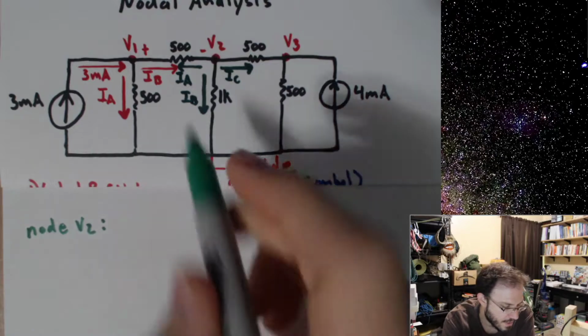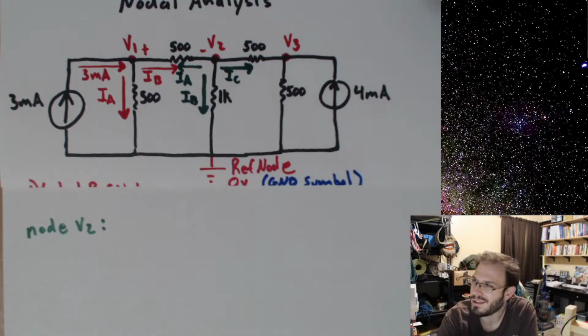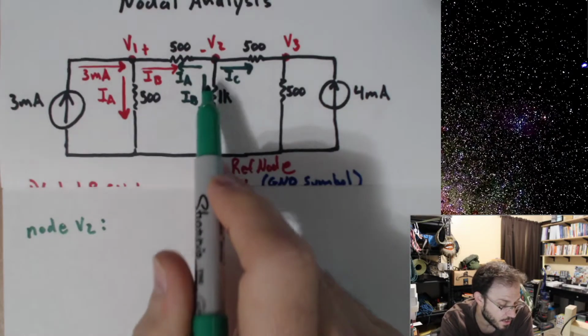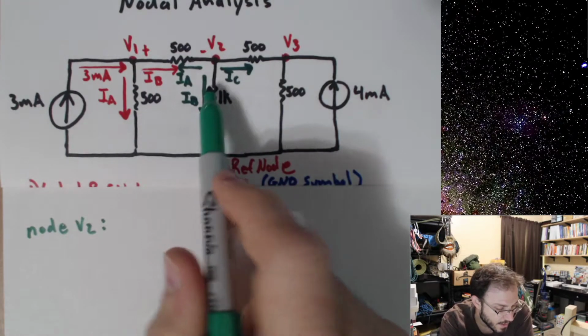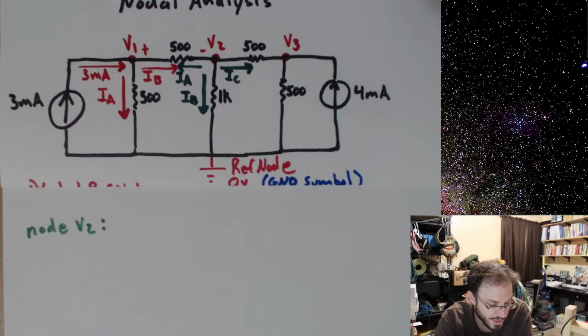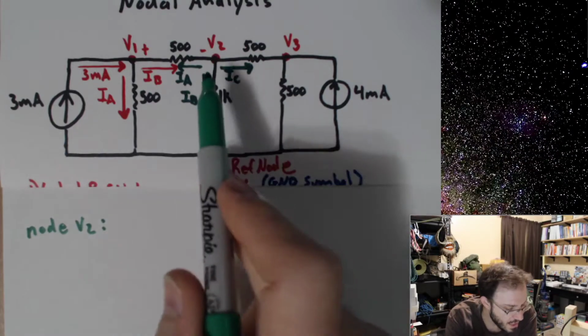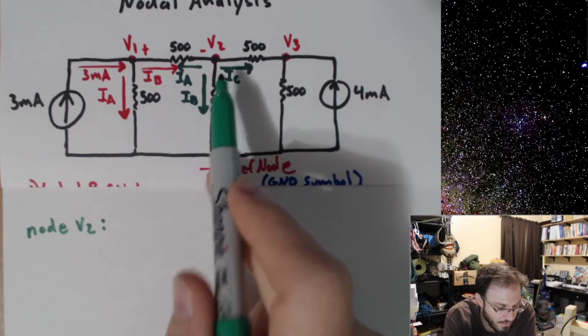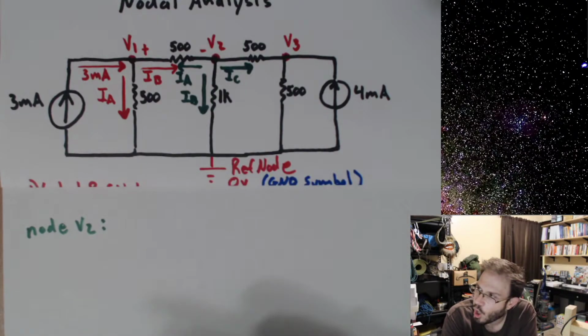And now you might be thinking to yourself, but all the currents are leaving the node. Well, this is completely fine to write because the sum of all currents entering a node must equal the sum of all currents leaving that same node. But if I have all my currents leaving a node, that just means that all of those currents are going to add up to 0.